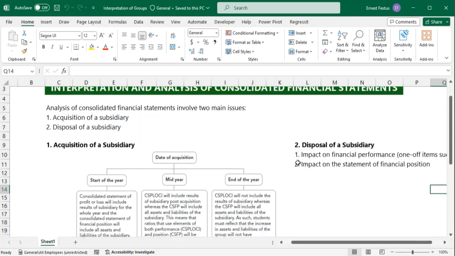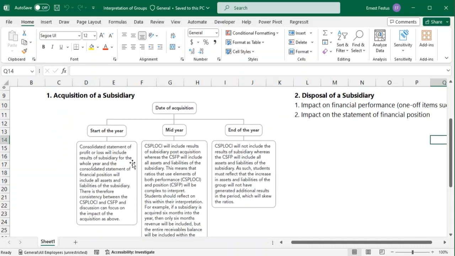Now, when it comes to the acquisition issues, we have three main acquisition issues. The acquisition of the subsidiary occurred at the start of the year, whether it was a mid-year acquisition, or the acquisition occurred at the end of the financial year.